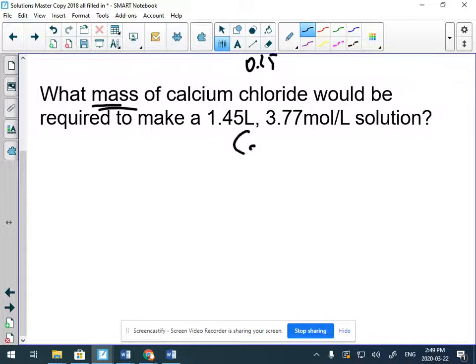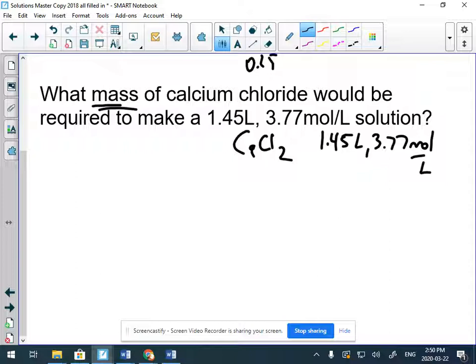So calcium chloride is CaCl2. We have these variables: 1.45 liters, 3.77 moles per liter. And because mass is required, I need the molar mass of calcium chloride. Calcium is 40.08, and we've got 2 chlorines, 35.45 times 2.